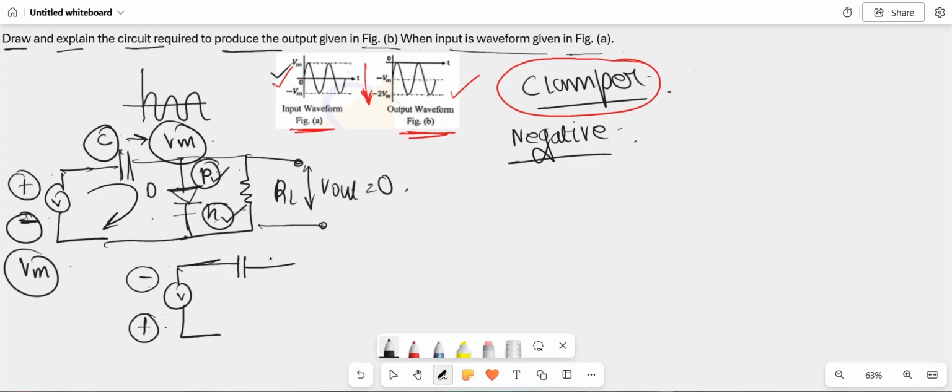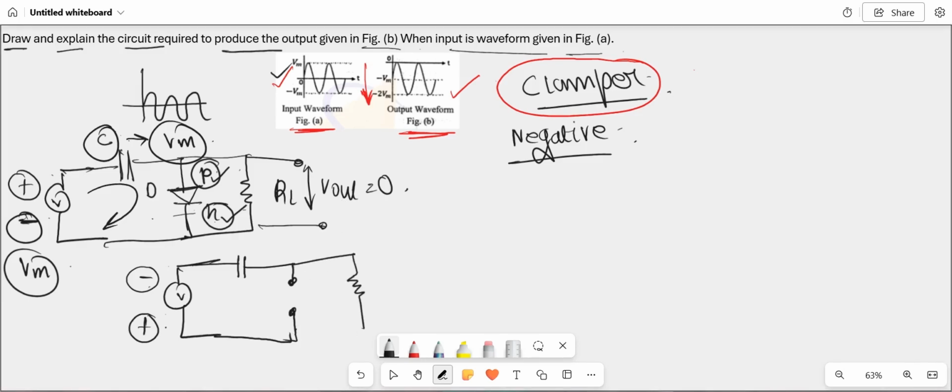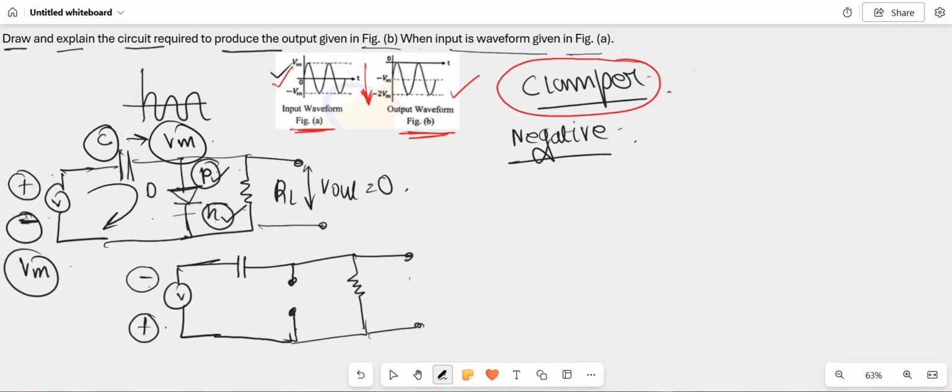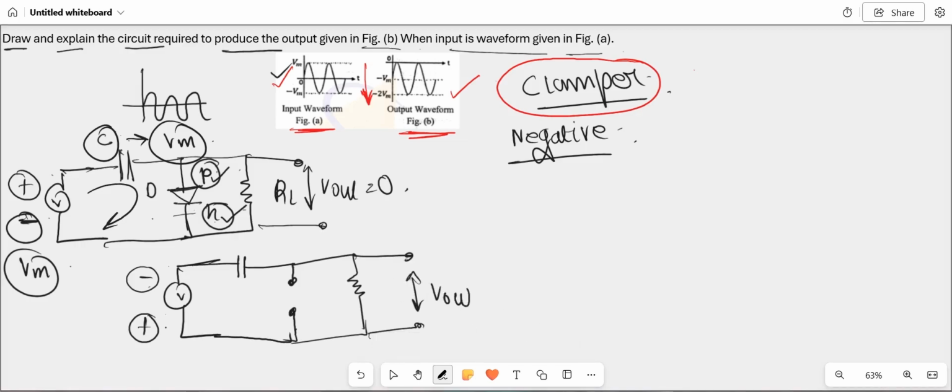The diode will act like an open circuit. So instead of drawing the diode here, I am just drawing an open circuit, because during the negative half cycle the diode becomes reverse biased and no current will flow through it. And this is the load resistance, and this is the output V out.